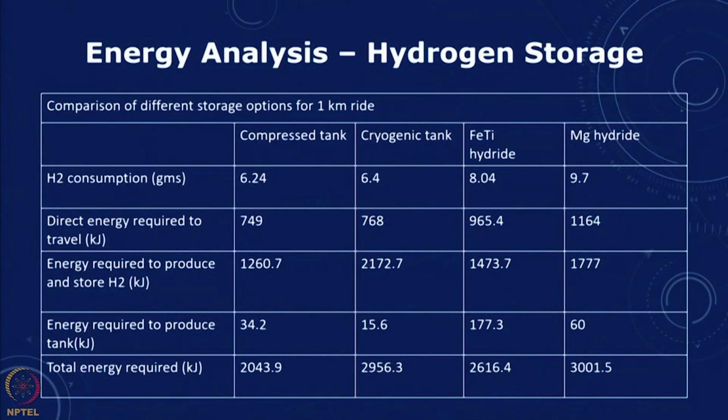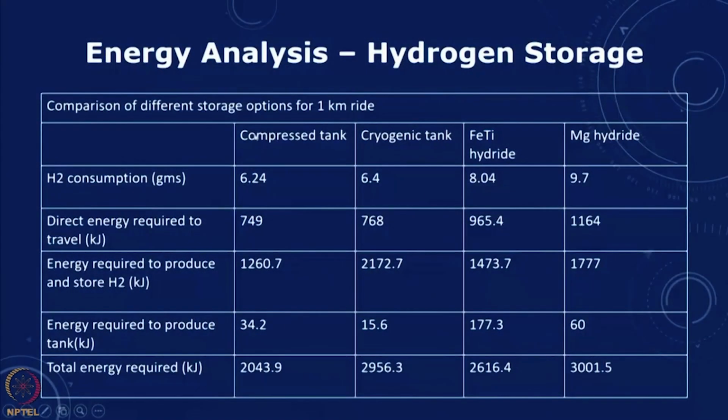Many researchers believe that the future will be with hydrogen, and hydrogen is a secondary fuel, a secondary energy source. The key thing in terms of using hydrogen in the transport sector would be how we store the hydrogen. What we looked at here is the different kinds of storage.